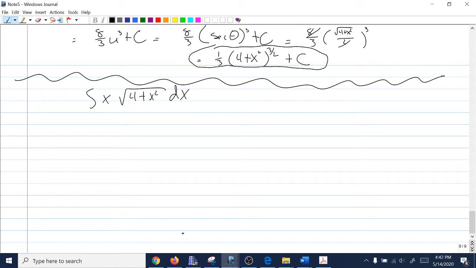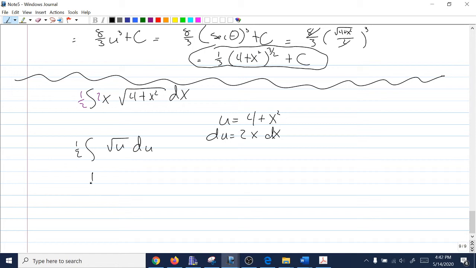After doing a trig substitution, I am always kicking myself to say, damn it, I could have just done the u substitution, u equals 4 plus x squared, because du is 2x dx. There's an x right out there. Oh man, that would have been just half integral root u du.